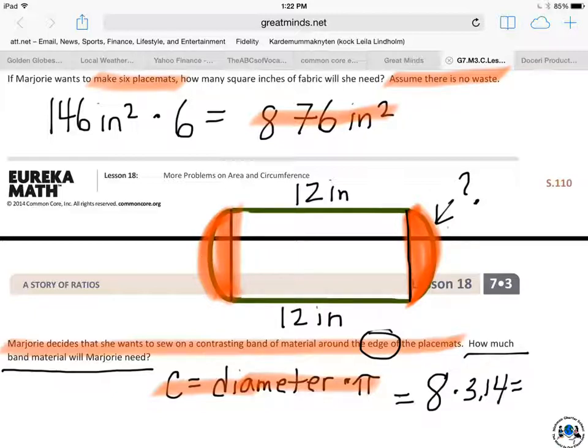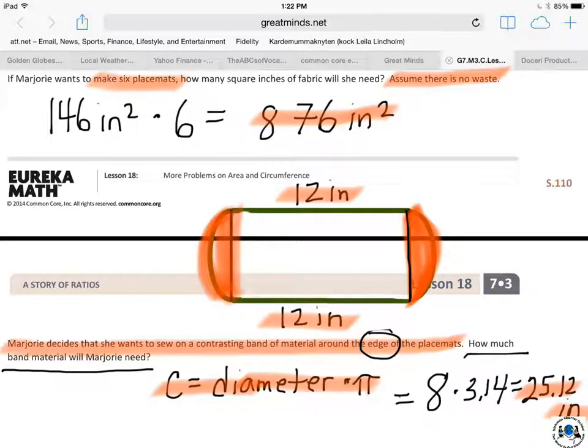Anyway, there we go. We have our diameter, so circumference equals diameter times pi, so 8 times 3.14 equals 25.12 inches. So now we have 12, 12, and then 25.12 inches, which is going to be the length of both of those.